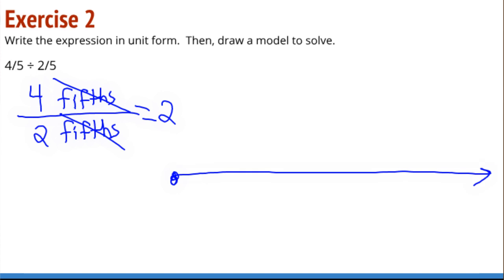You know what, I think I'm going to take a second here and play a little bit with my multiplication observation. 4/5, and I'm going to multiply by 5 halves. So these will cancel, and I'll have, well, the cancel might be going a little too fast there. 4/5 multiplied by 5 halves.